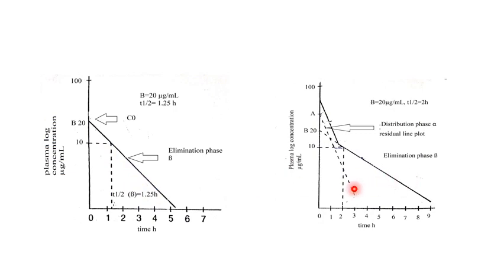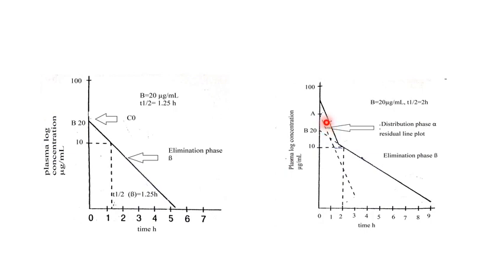And in case of two compartment model, in the equation we have seen that it is the sum of A over alpha and B over beta. Now this is again the beta phase, and when we extrapolate it towards the y-axis, this is the B, that is the concentration, and we add to it another phase, that is A over alpha.